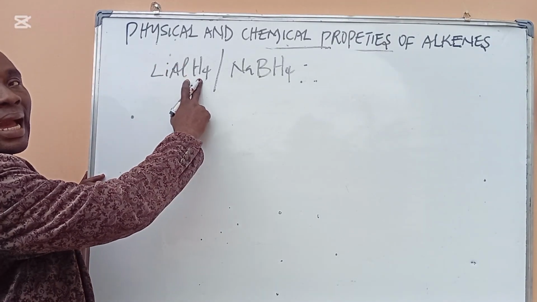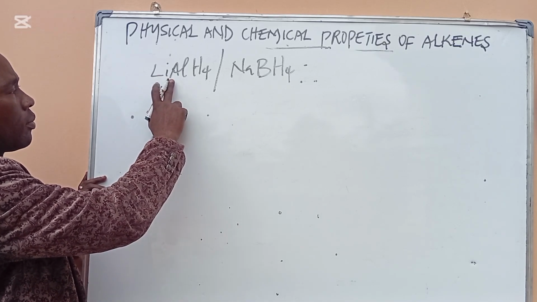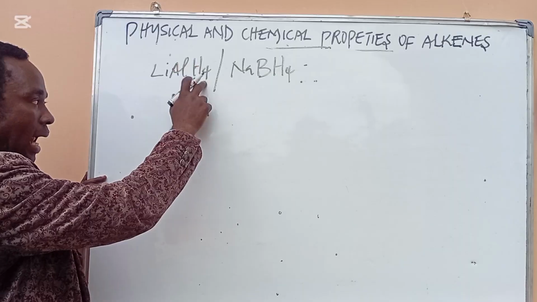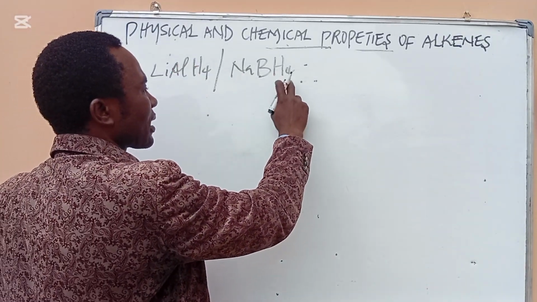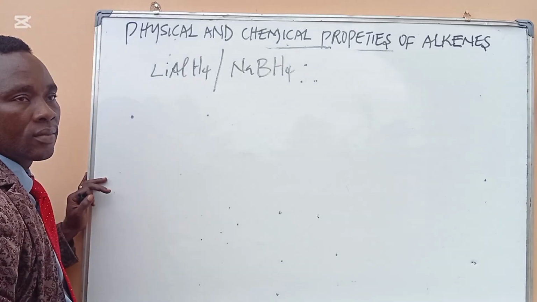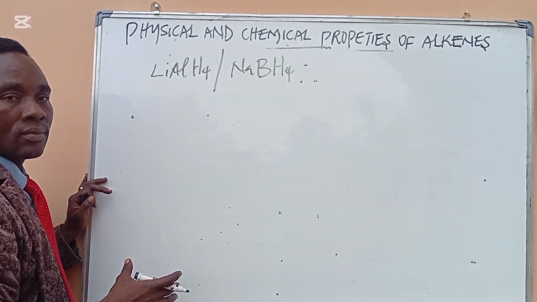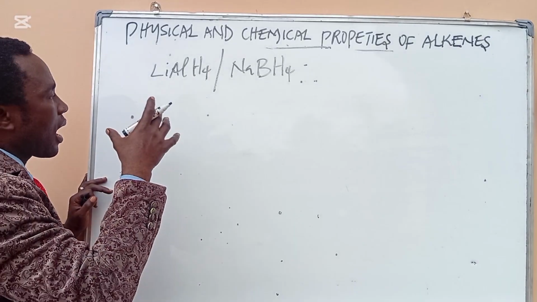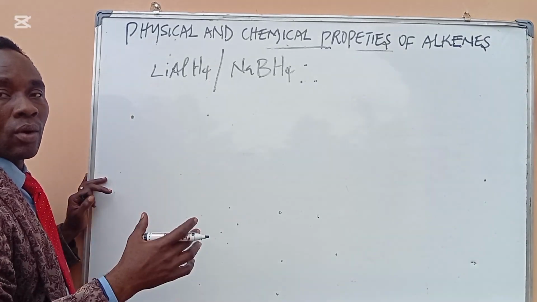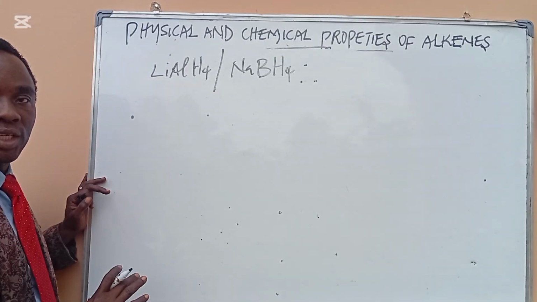Lithium tetrahydroaluminate, or lithium aluminium tetrahydride. You can also use sodium tetrahydroborate. Anytime you use any of these to decompose an ozonide, the final product will be primary alkanol and secondary alkanol, depending on the starting reagent.